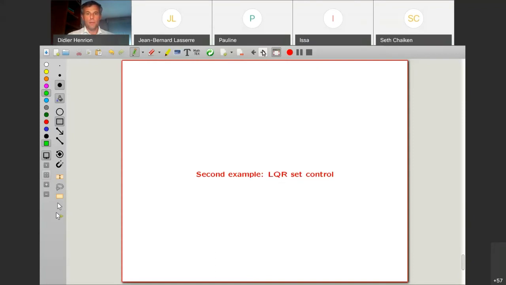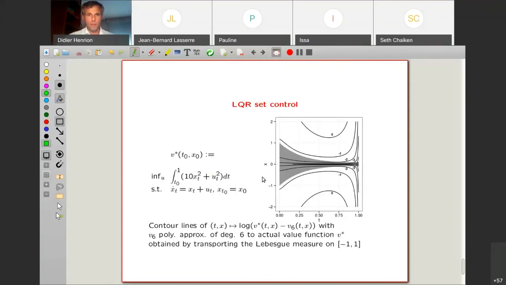The second example is the linear quadratic regulator control. It's a very classical example that can also be solved analytically using algebraic Riccati equations. It's a linear dynamics with a quadratic convex cost, so everything is known about this problem.